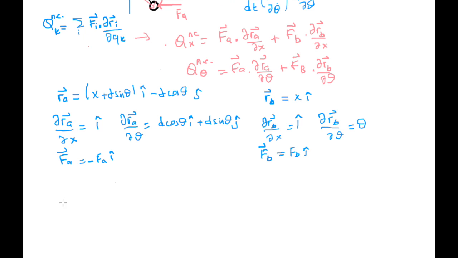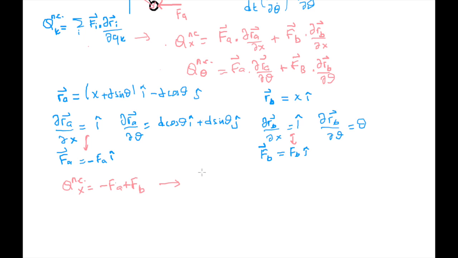So then I can write Q non-conservative x is going to be Fi inner product with partial Ri partial x, so first of all this, it's going to be minus Fa, and Fb inner product with partial Rb partial x, so like these two guys, it's going to be Fb. Okay, perfect.